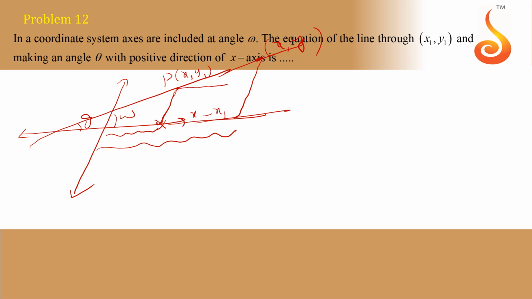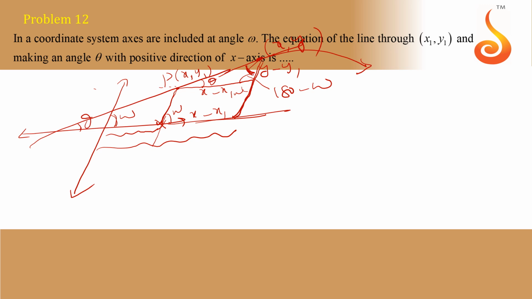Similarly, draw a line parallel to x-axis, then this will be x minus x1, and this will be y minus y1, because they are parallel to y-axis, y minus y1. Now, since these are parallelly drawn, no? So this corresponding angle is omega, this is a parallelogram, so this will be omega, this will be 180 minus omega, and this angle, I am writing here, because if it is theta, parallel, transversal, this is also theta.